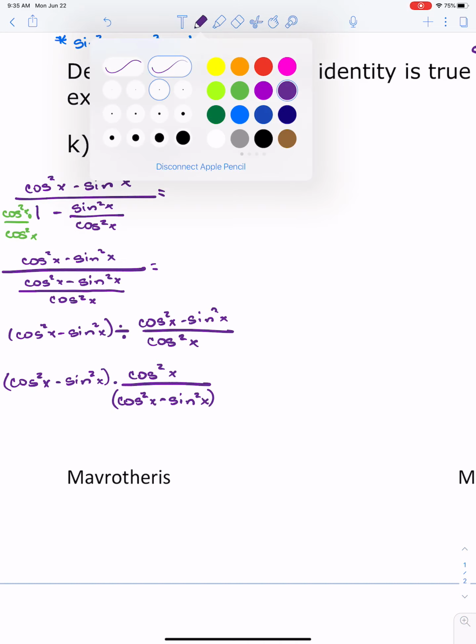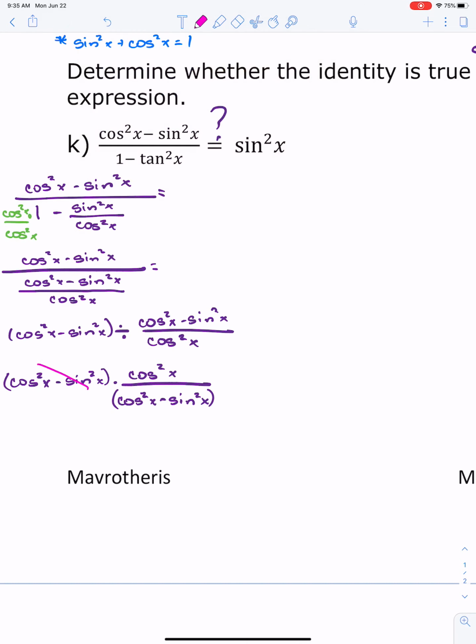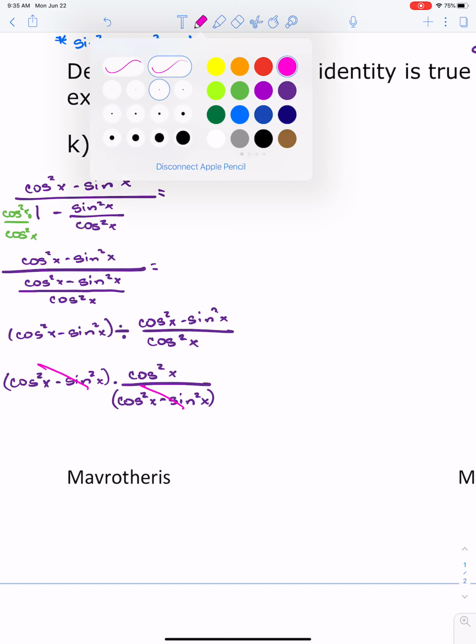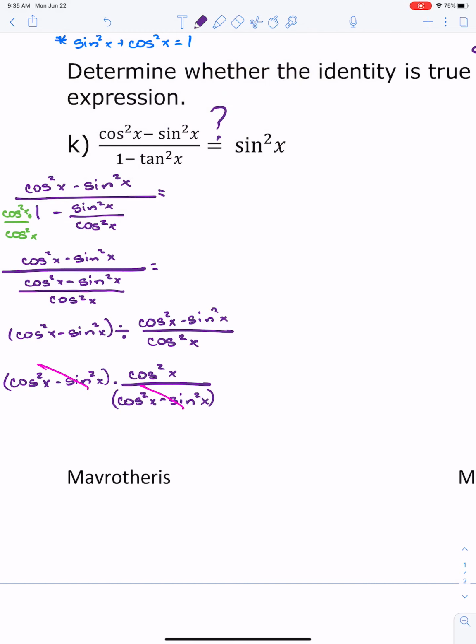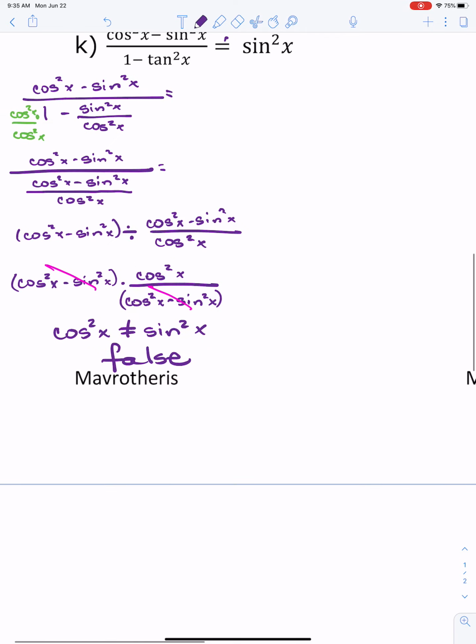This term looks exactly the same in the numerator and denominator, so I'm going to cancel. I get cosine squared x, which does not equal sine squared x. So this is false. This is not a true statement, but it is equivalent to cosine squared x.